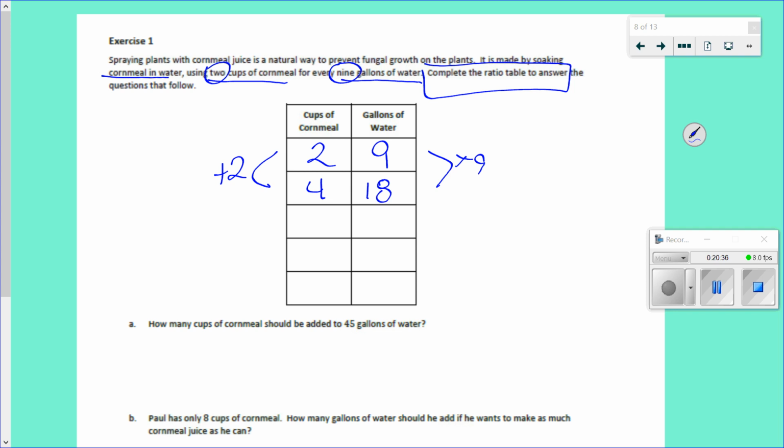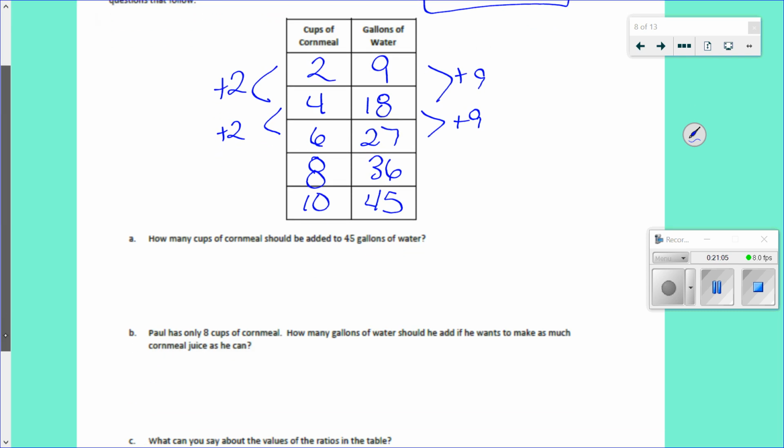Does everybody agree with that? So he did the additive table, and that is fine. So again, we're going to add 2 and add 9. If I continue, we build the rest of the table. Any questions about how to build the table? This was easy peasy, right?